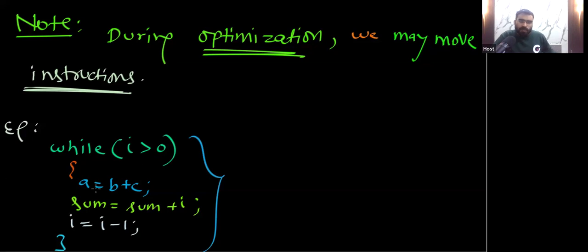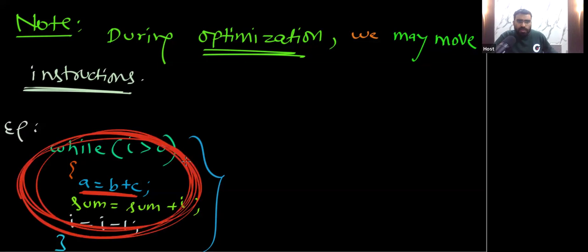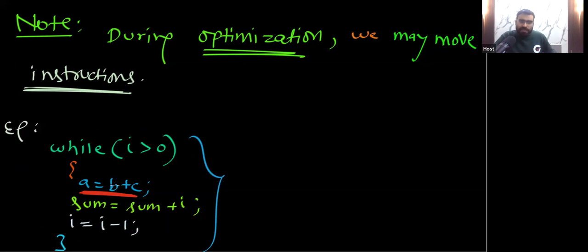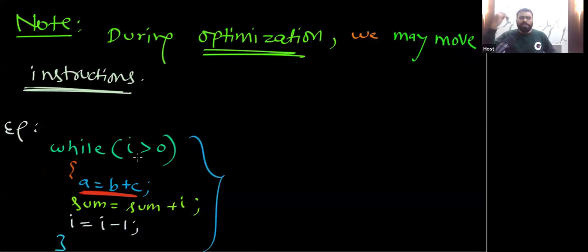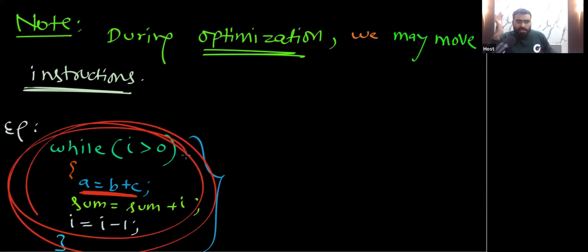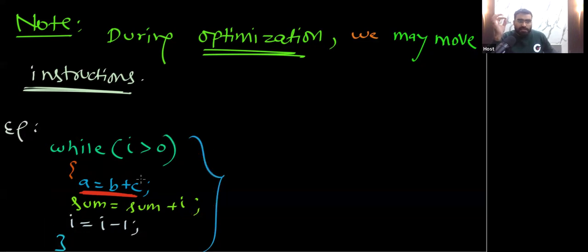See, in this code, please notice that we are not changing a, b, c. Did I change b, c in this loop? I am not changing b, I am not changing c, I am not changing a. So let's assume this loop executes 10,000 times, then this addition will happen 10,000 times.